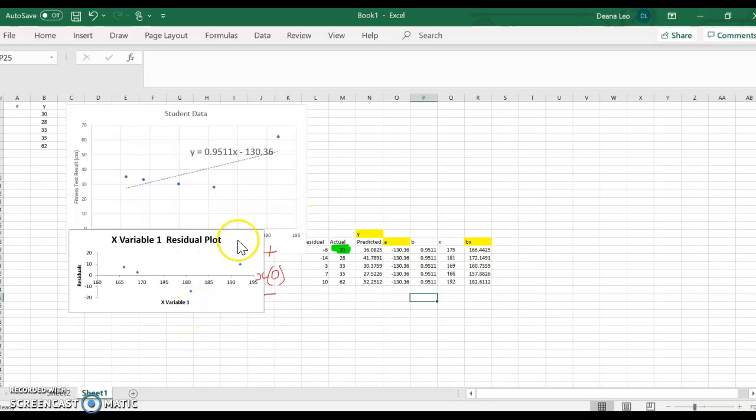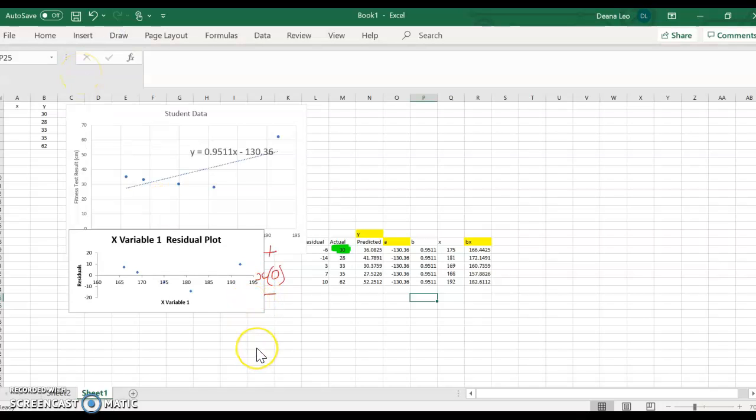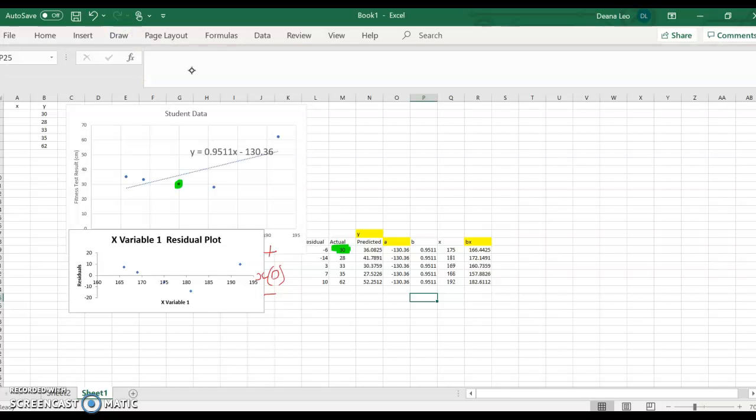Maybe draw function. Okay, so we've got this someone who's jumped actually 30. And it was predicted that they could jump 36. Here we go. I'm looking at the wrong one, guys. Okay, here we go. They actually jumped 30. And it was predicted that they could jump about 36, which is here.